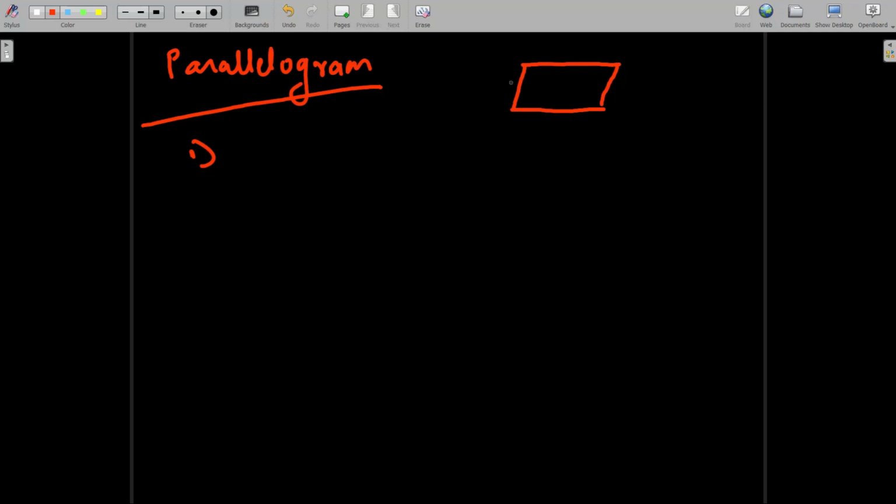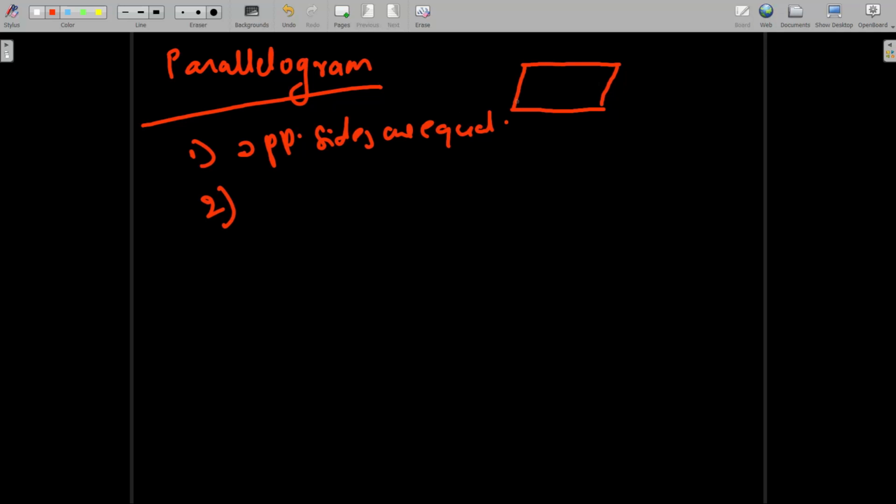So here what I can say is that again opposite sides are equal. So one basic property will be that opposite sides are equal. The second property will be what? Just guess: if opposite sides are equal, then what could be the other property?